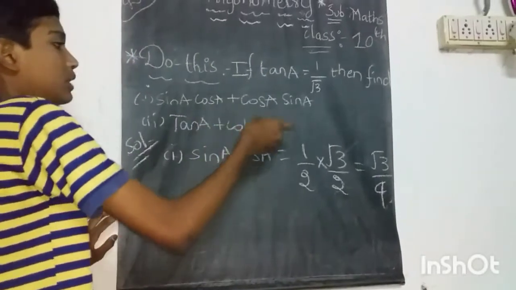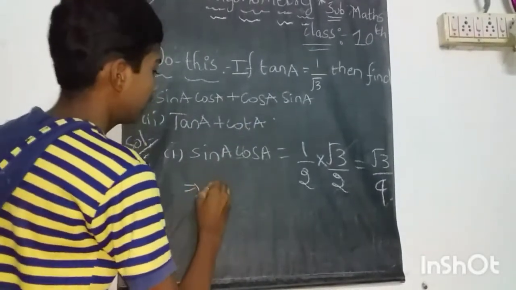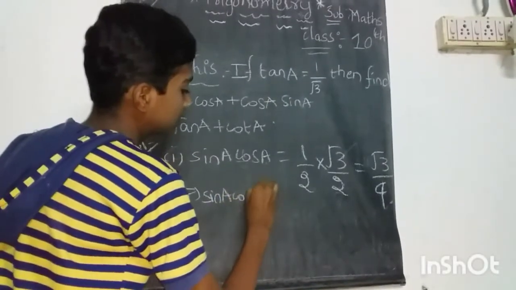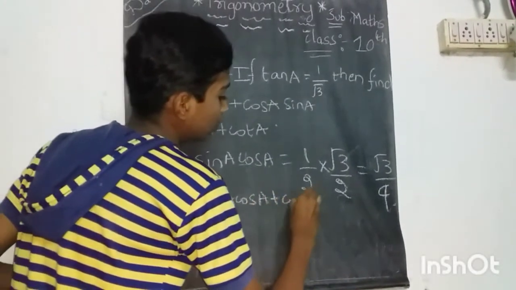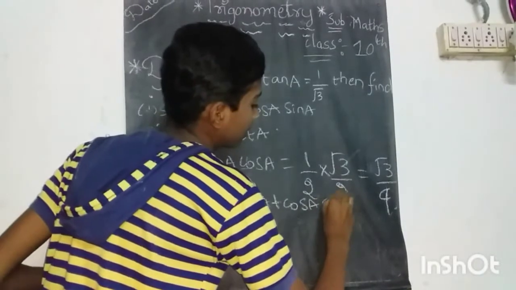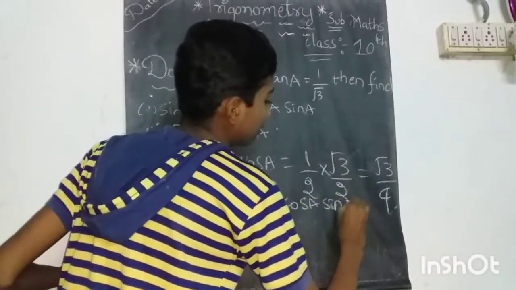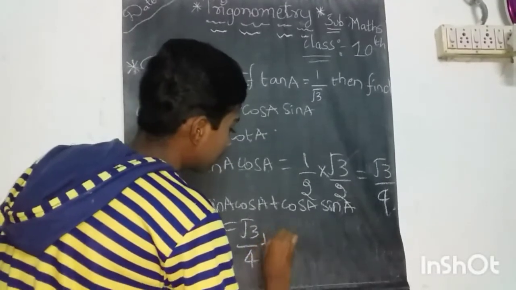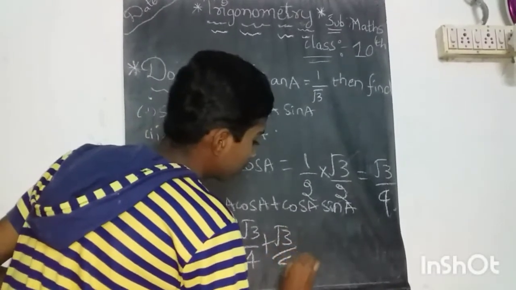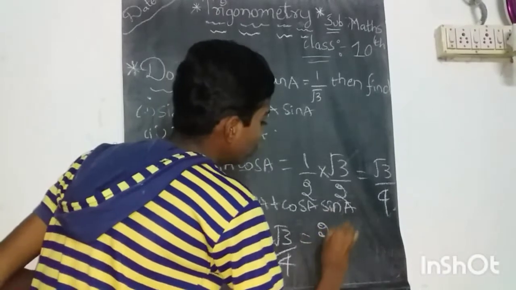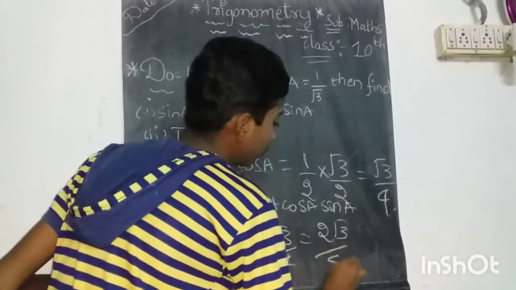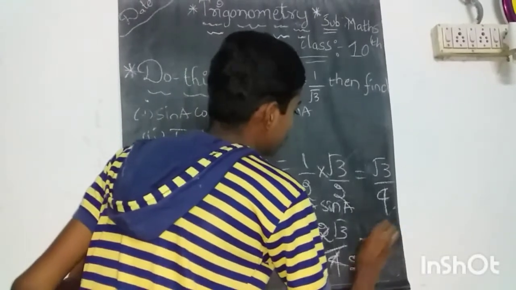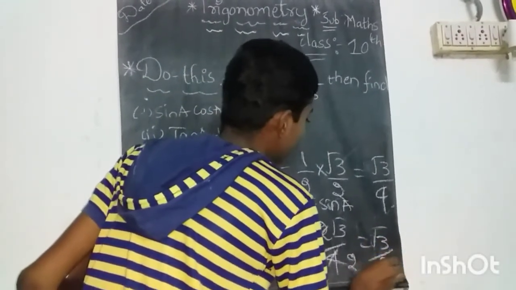And sin A cos A plus cos A sin A is equal to root 3 by 4 plus root 3 by 4, that implies 2 root 3 upon 4, and the answer is root 3 by 2.